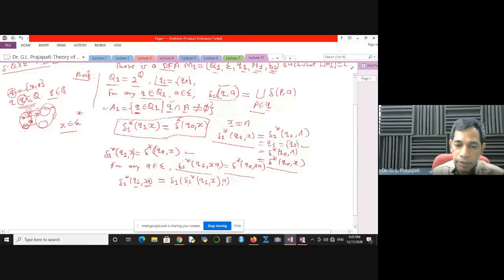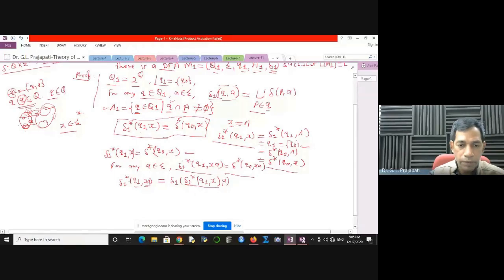Here delta 1 is the transition of your DFA. For delta 1 star (Q1, x), you need to know which state you go to, and from that state, on receiving the input a, where you can go.